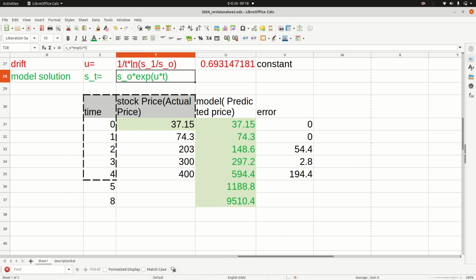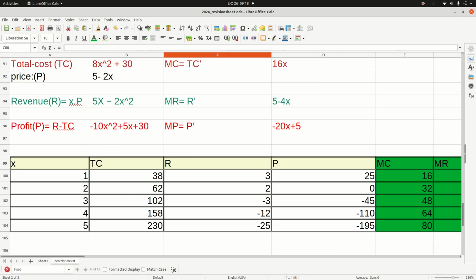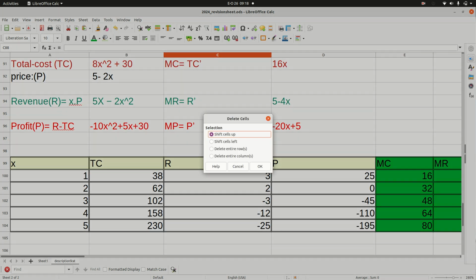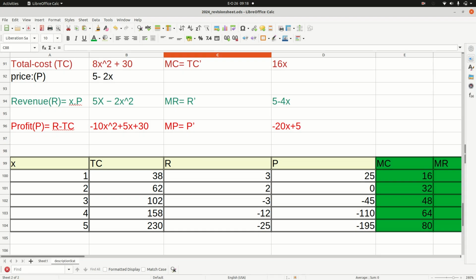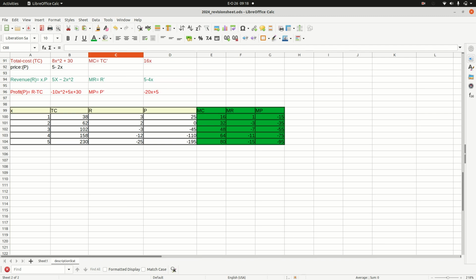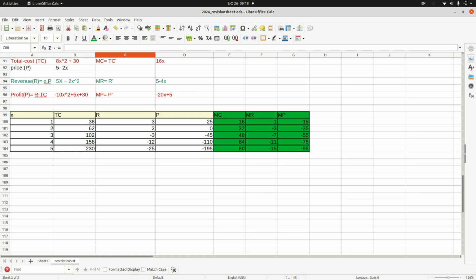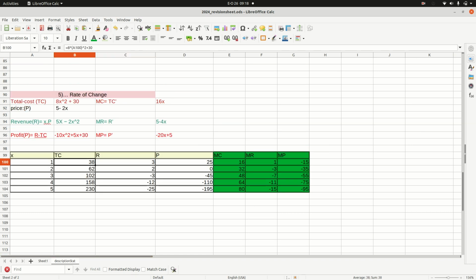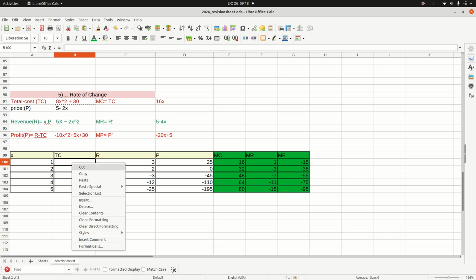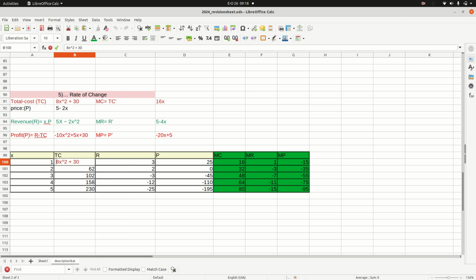Let me take you back to the rate of change. I had a comment about the typing of the equations. Someone says that's too much to type. So just as I did with the differential equation, you can easily copy and then paste them. This one here I can delete, copy this total cost, paste it here, but you don't need to evaluate it as a numeric. I bring the equal sign, and wherever I see X, it's going to take this value. So X is going to take this cell.